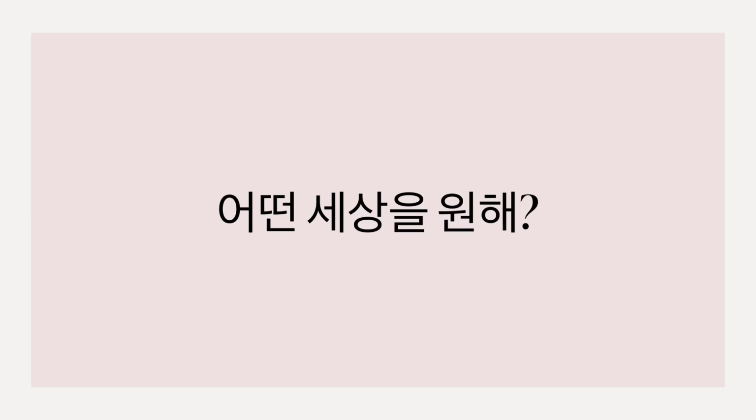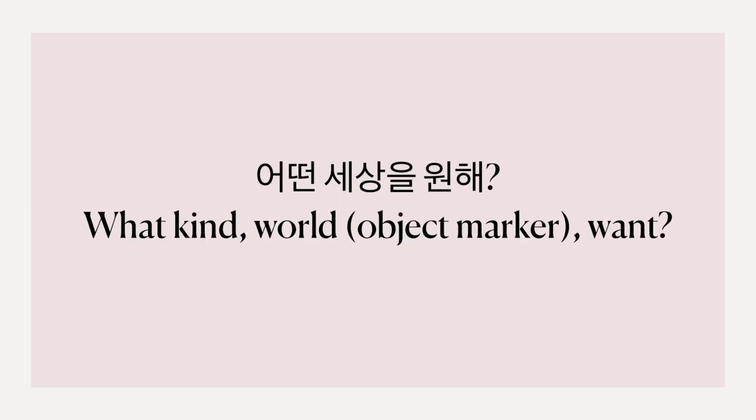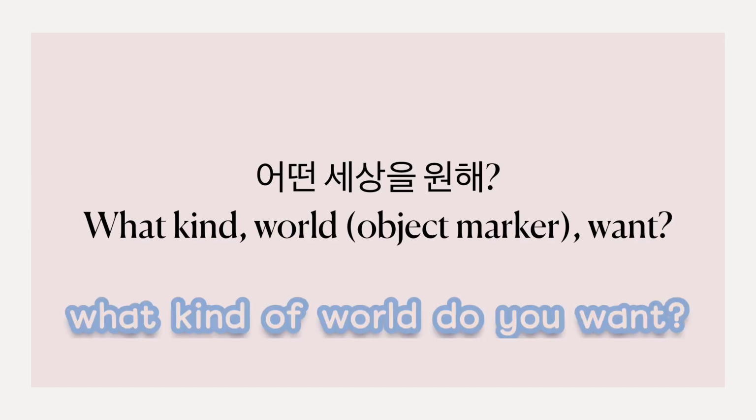Okay, what do you think this means? 어떤 세상을 원해? 어떤, which or what kind? 세상, world. 을 is an object marker. 원해, do you want? 어떤 세상을 원해? What kind of world do you want? 어떤 세상을 원해?